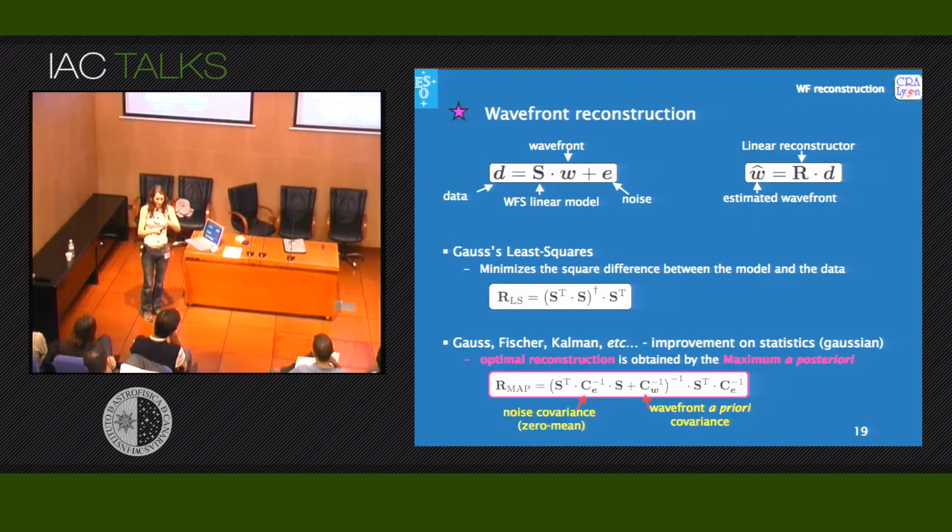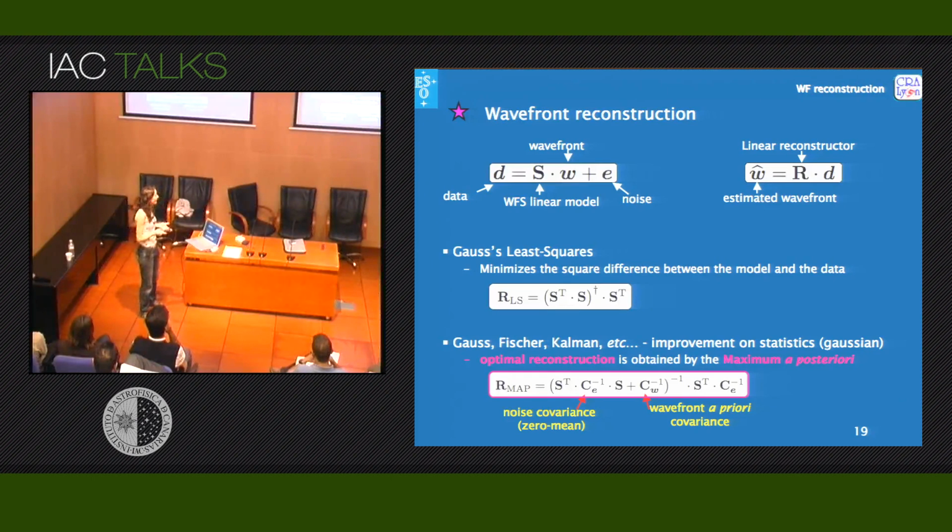So this allows you to estimate the wavefront on several points on the aperture. It's a local formulation. This is a vector, and this is a linear model, usually represented as a matrix. And this is the wavefront.